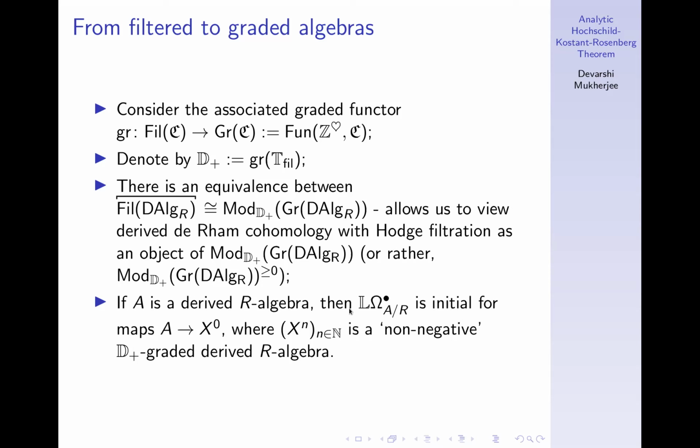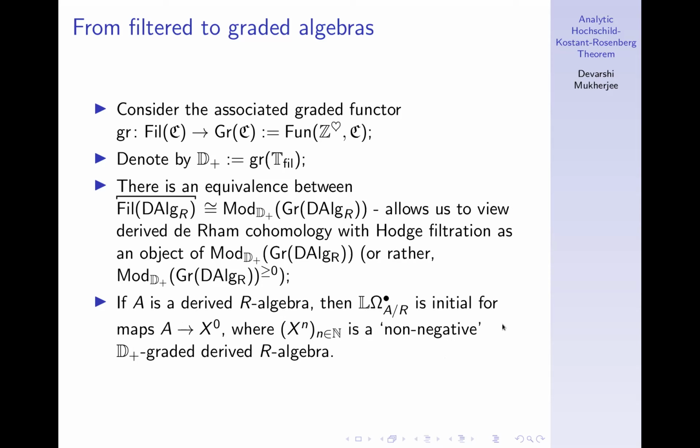Okay, and similar to the filtered Hochschild homology case, if you work in this derived setting, if you have a derived algebra, then the derived de Rham cohomology is initial for maps from A to this X0, where X0 is really the 0th part of some non-negative derived algebra.